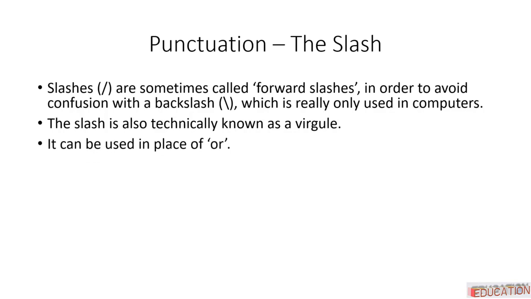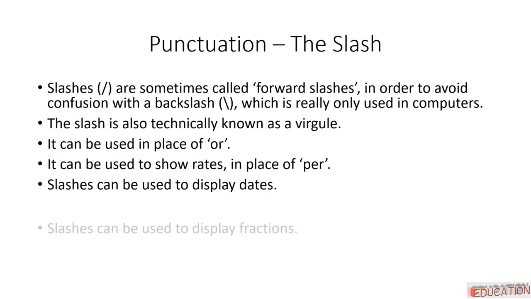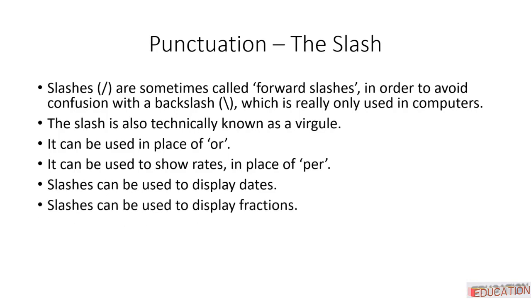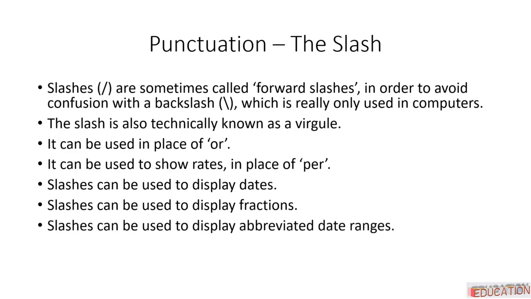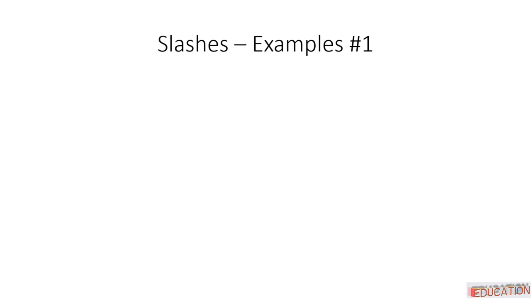And it can be used in place of or, or in place of per when showing rates. They're also used to display dates, fractions, and abbreviated date ranges. And slashes are also used for certain common abbreviations. Let's look at some examples.